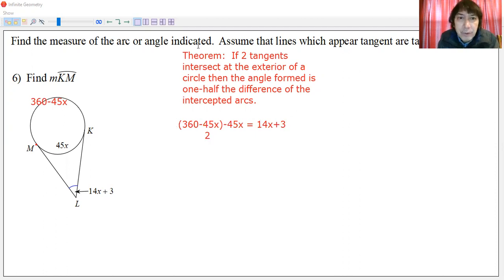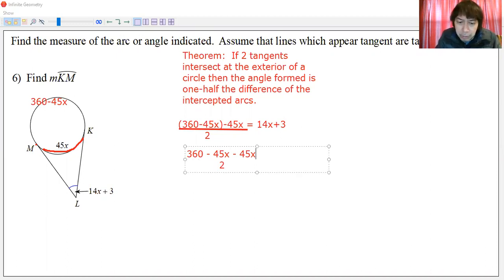So we shall solve for x first, because before we can solve for the arc KM, we need the x, since the arc is 45 times x. This will continue with 360 minus, removing the parentheses now, 45x minus 45x, divided by 2.